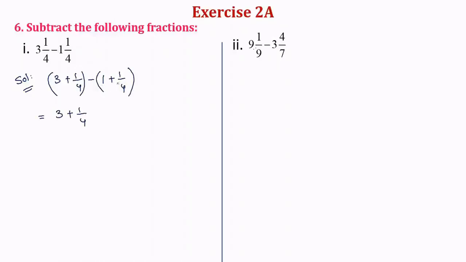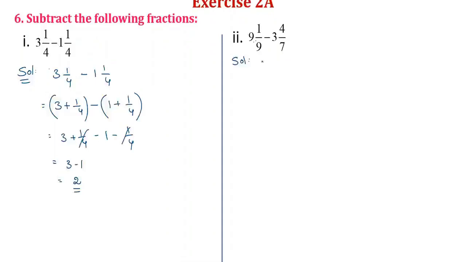So multiply with the minus sign whichever is in the bracket, which is minus 1, minus into plus, minus 1 by 4. Observe here, now you can cancel plus 1 by 4 and minus 1 by 4. And remaining terms are 3 minus 1, which is equal to 2. So this is the answer for this.